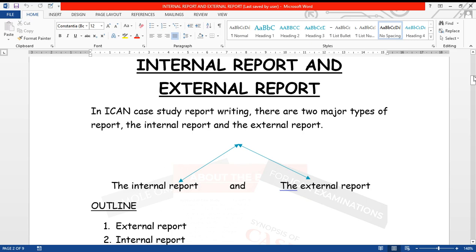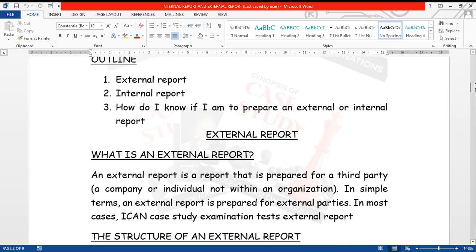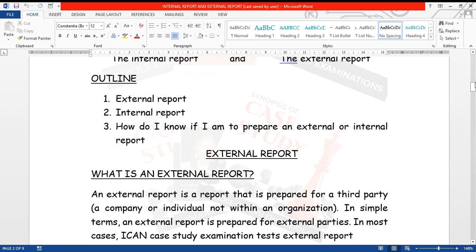Today we'll be talking about what is an external report, what's an internal report, and how do I know if I'm preparing an external report or an internal report. In subsequent videos, I'll be showing you practical examples of the entire structure of an internal report and the entire structure of an external report. But today, we're just introducing ourselves to these terms, knowing what it's about. Then in subsequent videos, we'll be going to the practical aspect of the report.